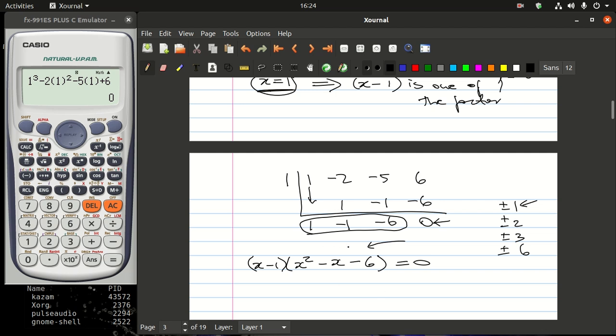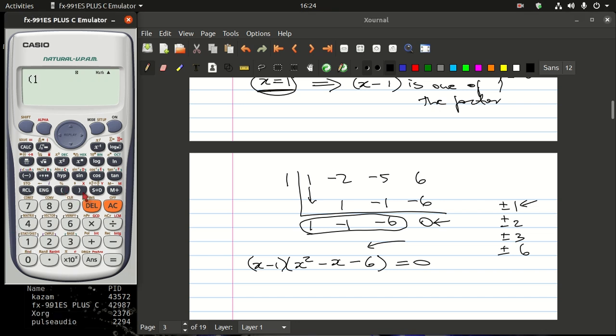This is what I'm trying to factorize now. So I want 1 squared minus 1 minus 6. So 1 is not one of the solutions of this part.